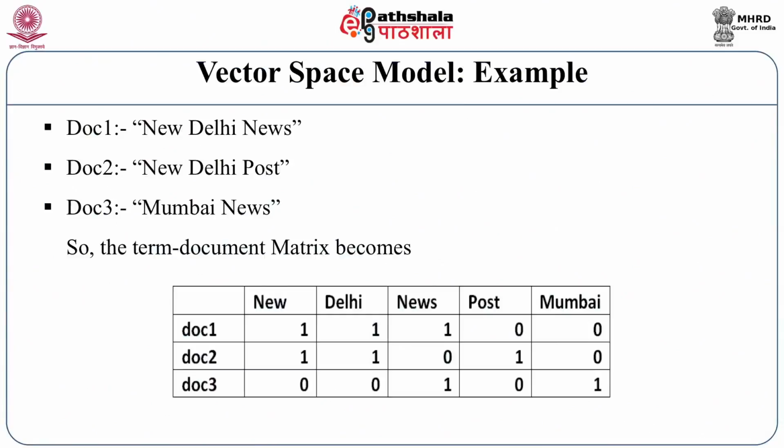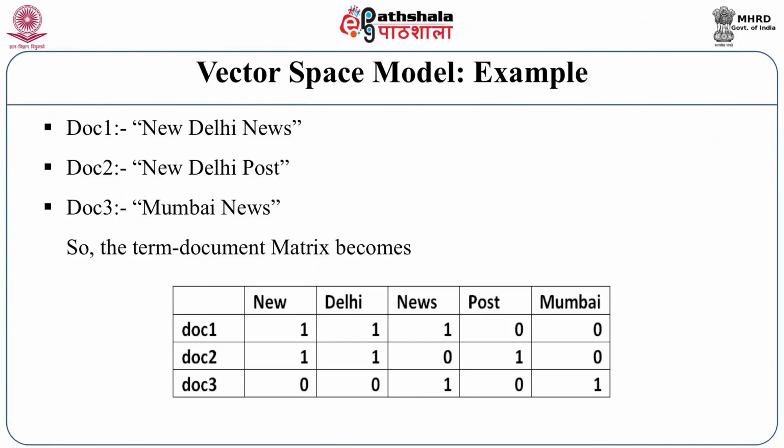Suppose I have 3 documents: document 1, document 2 and document 3. Document 1 has the sentence New Delhi News. Document 2 has the sentence New Delhi Post, and document 3 has 2 words, Mumbai News. Now first I will calculate the inverse document frequency of each term.